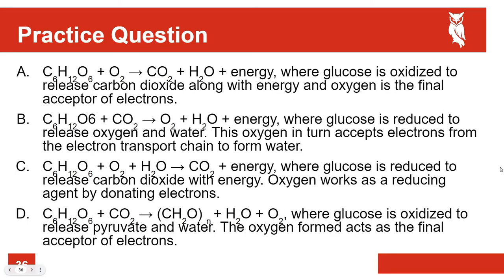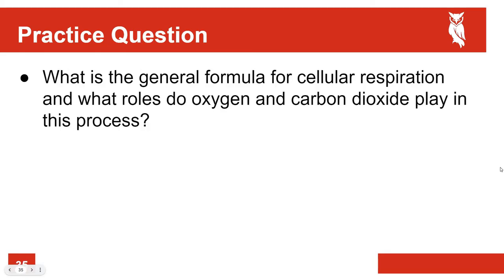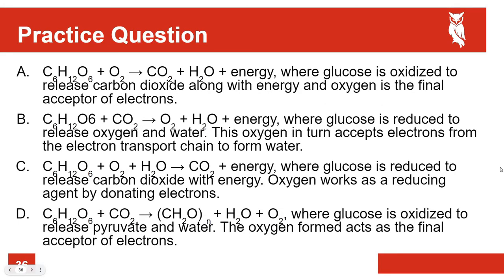Oh, it was a multiple choice. All right, is it A, B, C, or D? There's no coefficients. What's it say here? General formula. We'll do it without the coefficients.